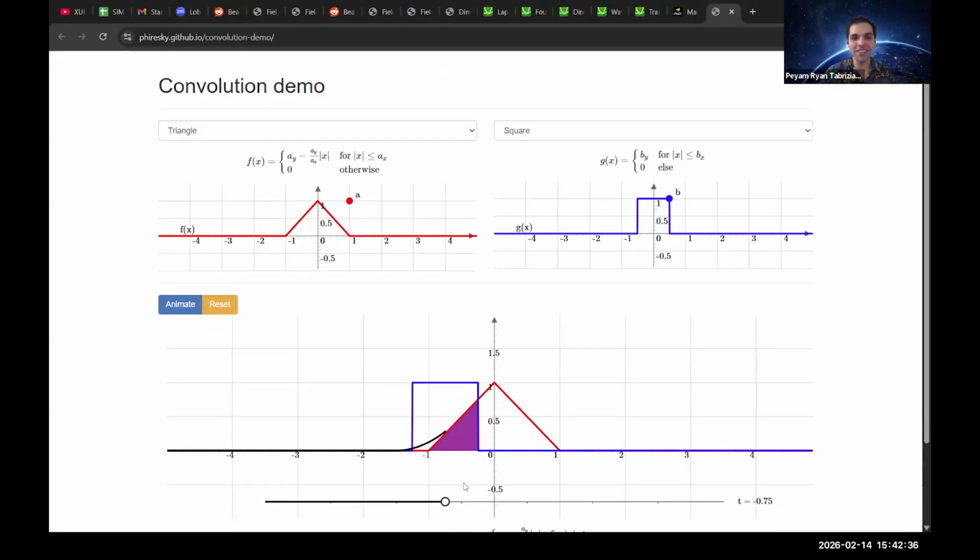And this applet illustrates it quite nicely because the question is, what is the convolution of this triangle and this square? If you animate this, then notice the square is moving to the right, and then you have this weighted average, which sort of becomes like a bell curve. So let me animate this again. You see this weighted average when moving to the right.